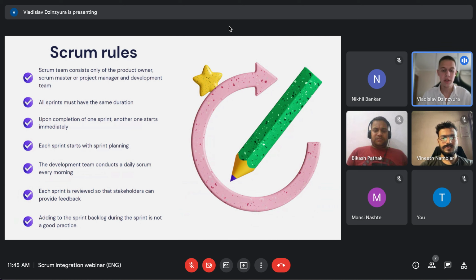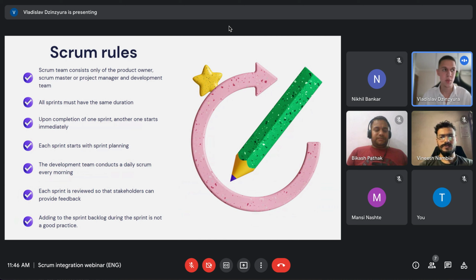Of course, it depends on some situations, some connection with clients and so on, but it's really important to understand that upon completion, if the sprint is over, the next one should start. There are no gaps, no stops, except for some situations that can arise. Each sprint starts with sprint planning.